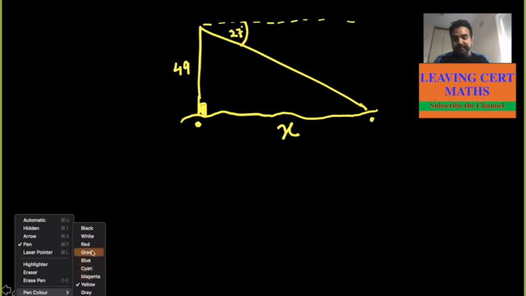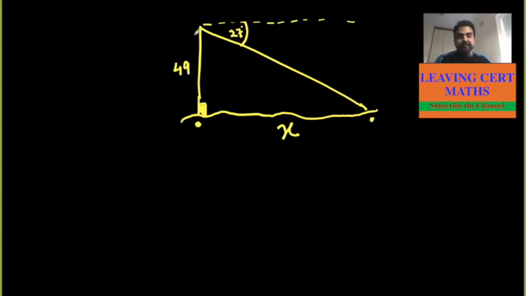But the problem is we have only one side. At least we should have another side so that I can use Pythagoras, or one angle so that I can use TOA. So what will you do to find the next missing thing?